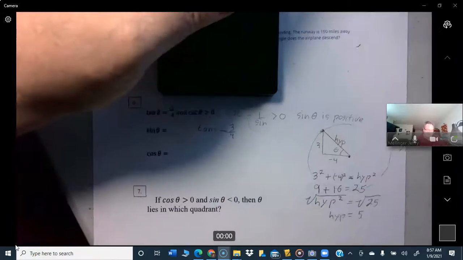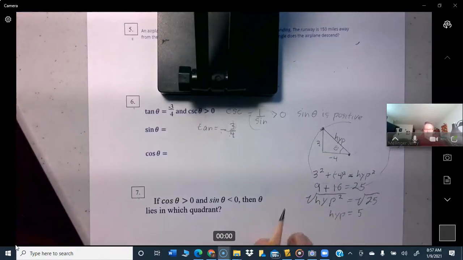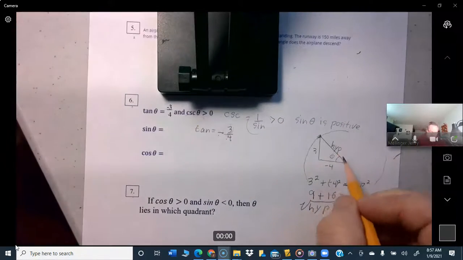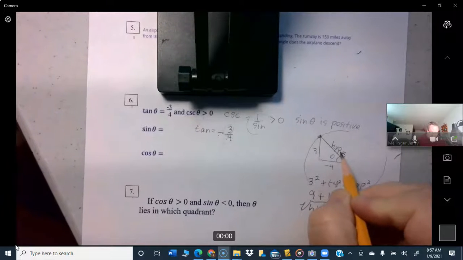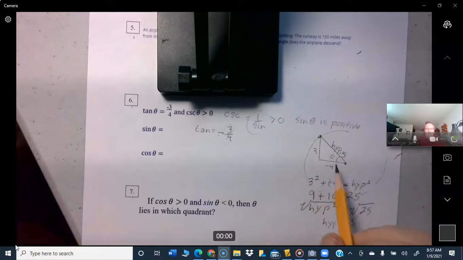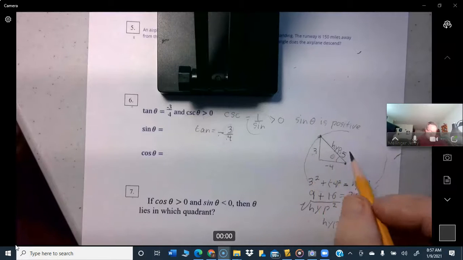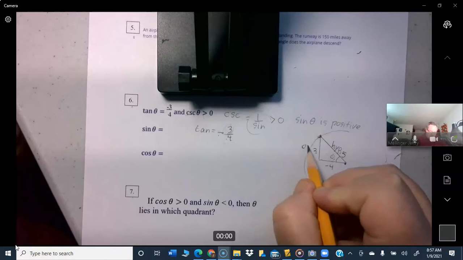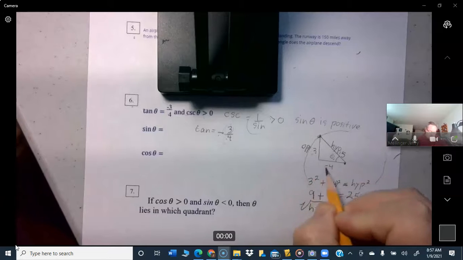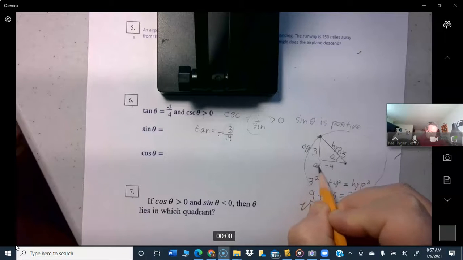I'm sorry, I'm off screen. Let me get back there. Hypotenuse equals 5. Okay, so that means this equals 5 right here. So now you can figure out what your sine actually is. It's not 3, it's 3 over 5. If this is our angle theta, this is the opposite side, and this is the adjacent side, right here.